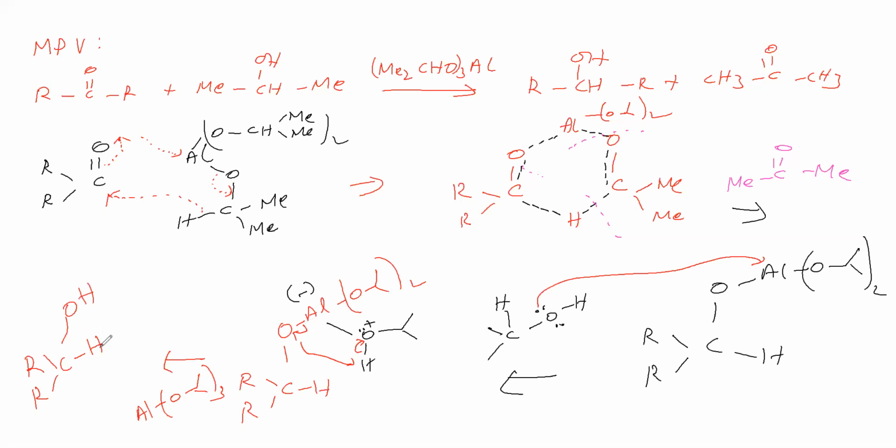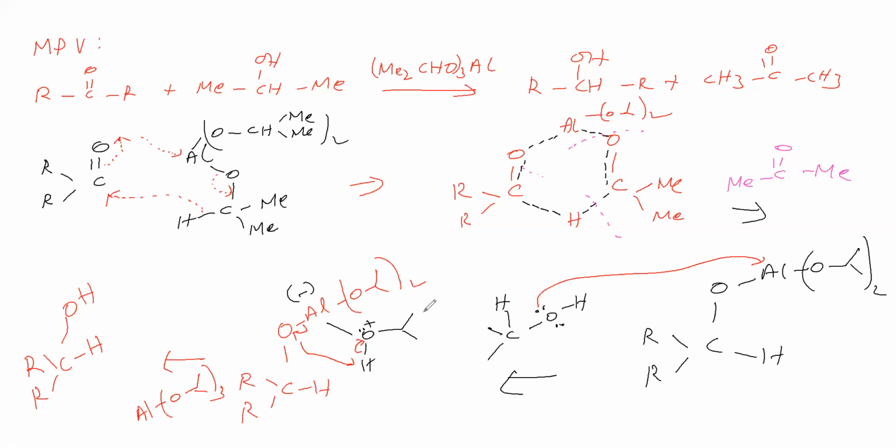Therefore, the ketone we have taken, we got alcohol. Ketone has been converted into alcohol. Isopropyl alcohol has been converted into acetone. Aluminum isopropoxide is the catalyst that is reproduced.